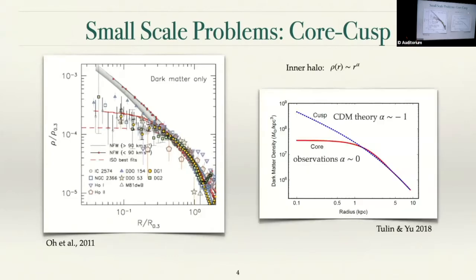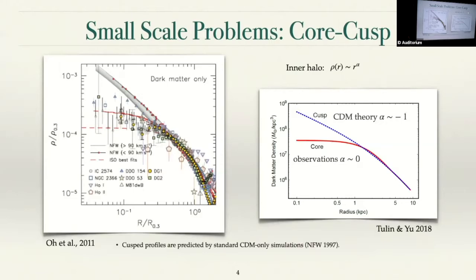Here I have a cartoonized version of this, just to introduce some language that I'll use. The inner halo is often parameterized as a power law, so just r to the alpha. In CDM theory, they produce what are known as cusps, and those have an alpha of about -1, whereas what we're seeing from these observations in dwarfs is more core-like profiles, which have alpha closer to 0.